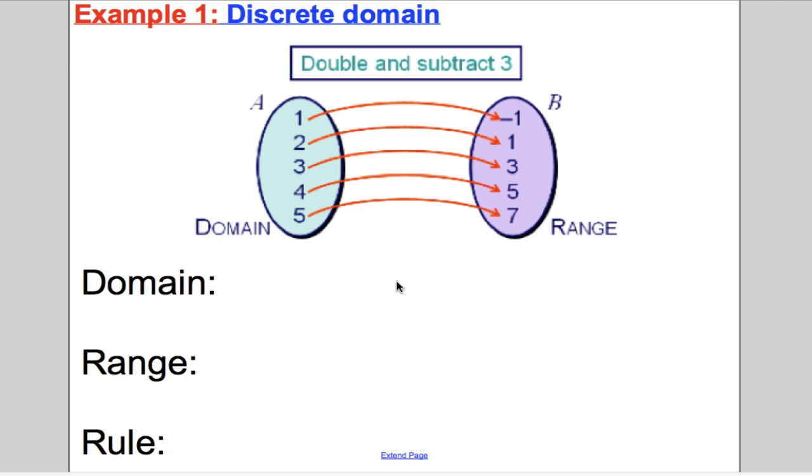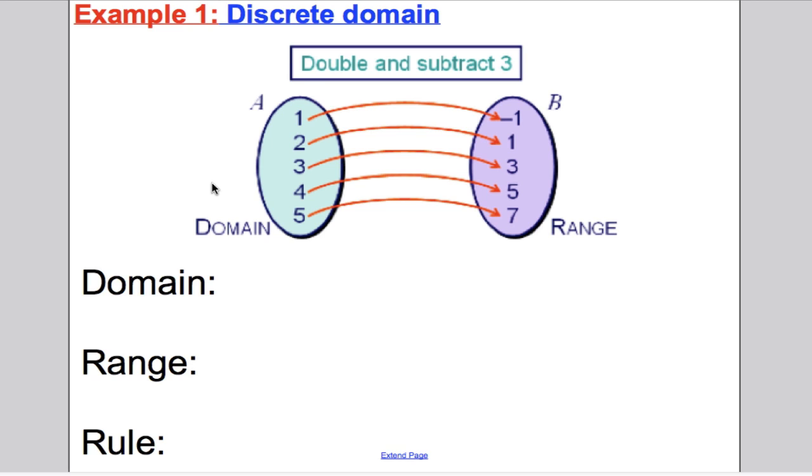Now, here's an example. Let's go through this particular example, and it's got a discrete domain. Okay, by that I mean the domain are the numbers 1, 2, 3, 4, and 5. They are whole numbers, they are discrete, they are not continuous, they don't go on forever, they are 5 particular numbers.